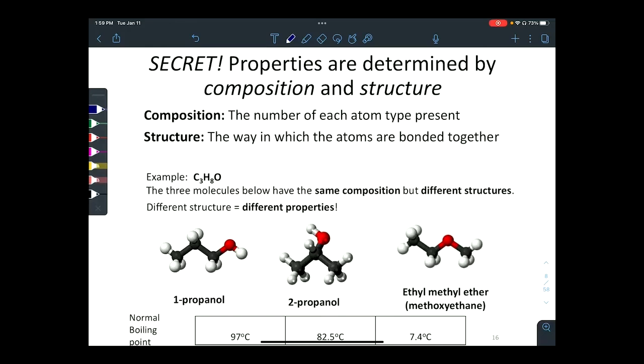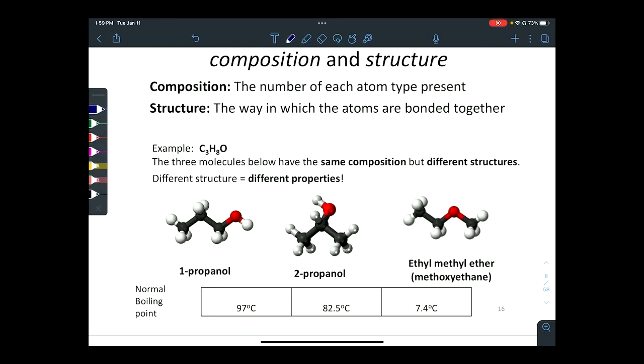You see that in the picture, right? All the atoms, the different colors, are bonded differently. In terms of properties, we observe very, very different boiling points with these substances. They're all made of the same things, but they behave so differently because of how the atoms are attached to one another.